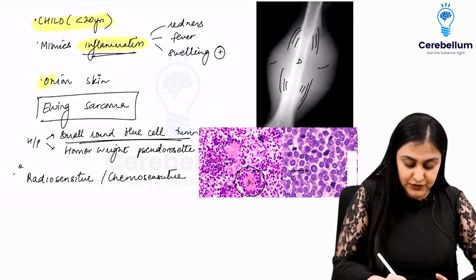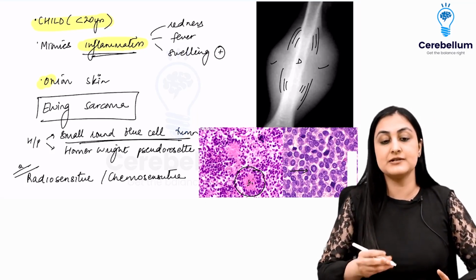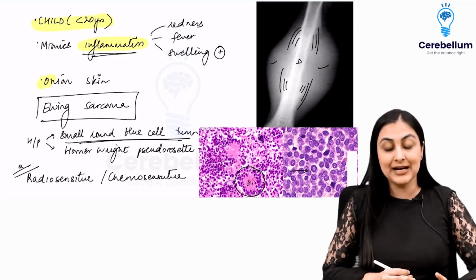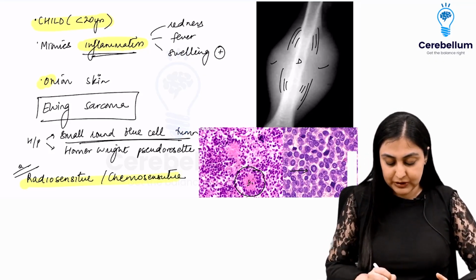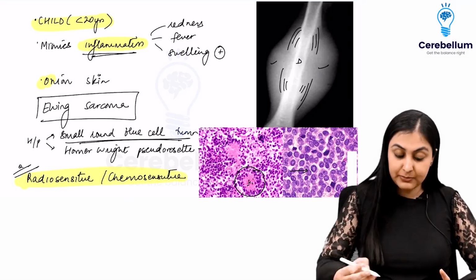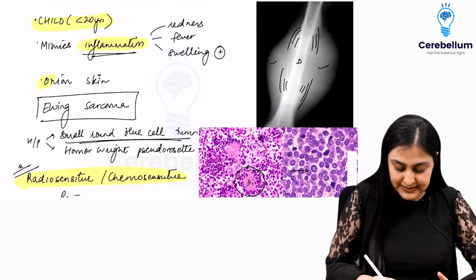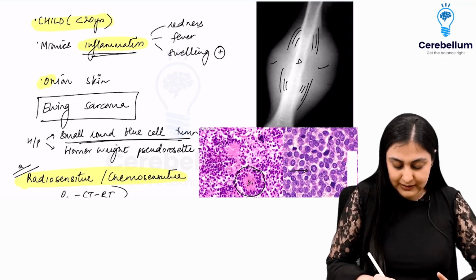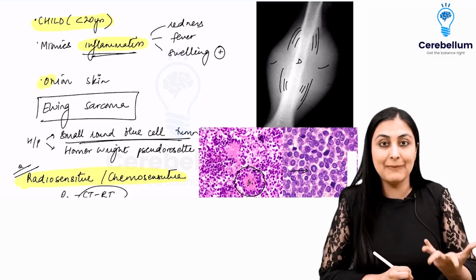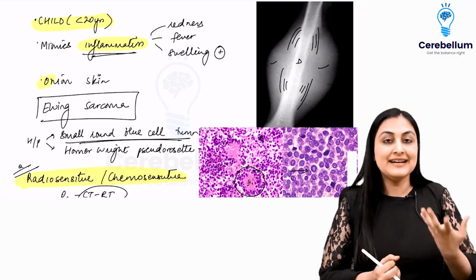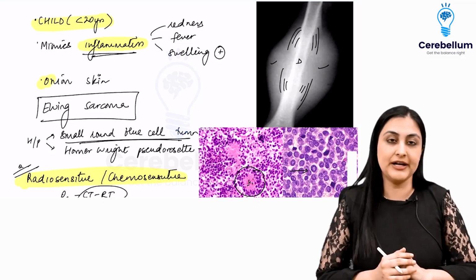Repeat question, okay? So this is the most radiosensitive or chemosensitive bone tumor that we have, and you want to remember here that the treatment of choice, that is why, is going to be CT-RT. You're going to be doing a chemoradiotherapy and it literally melts. It is so radiosensitive, it literally melts on giving radiotherapy.